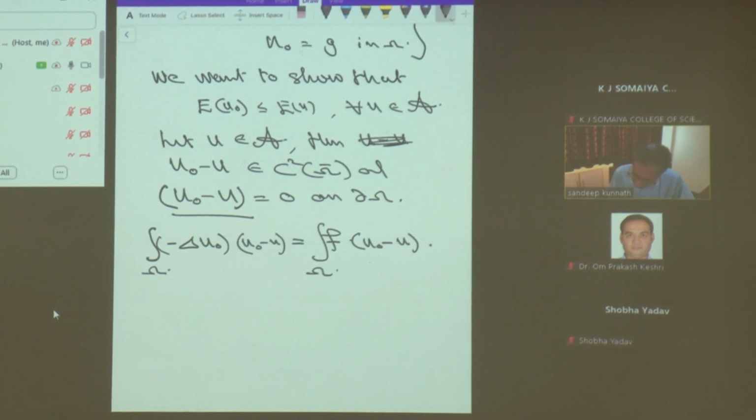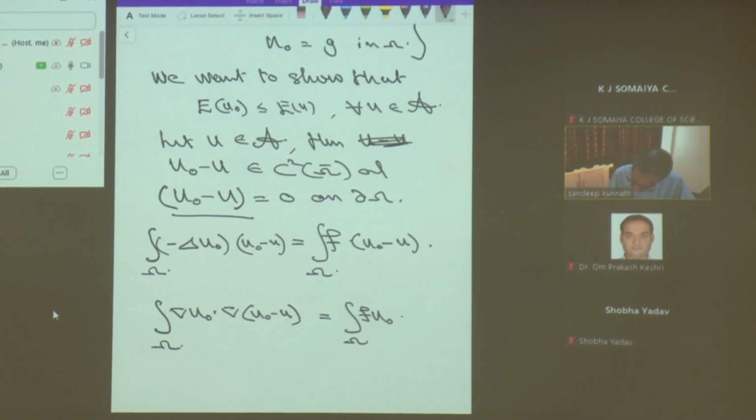You can apply the integration by parts here, and when you apply it, the left hand side becomes integral over omega of gradient of u naught dot product with gradient of u naught minus u, and on the right hand side you will get integral over omega of f into u naught minus integral over omega of f into u.